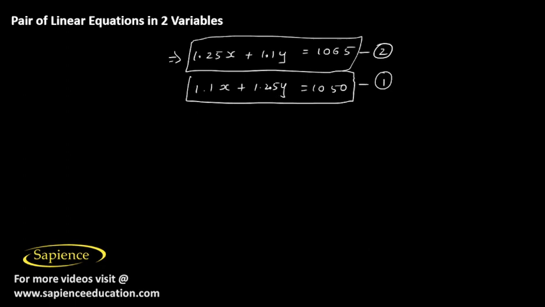In such cases, there is an easy way to solve them. We need to find two more equations, one by adding them, one by subtracting them. So first let us find the equation by adding them.